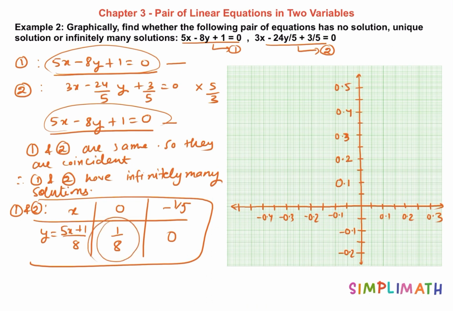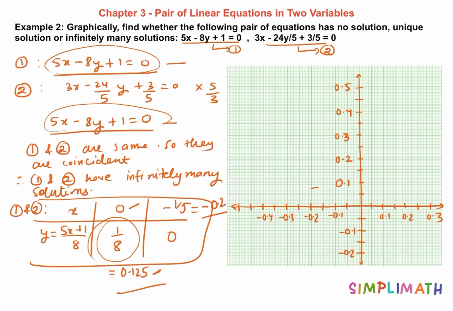Alright, from here we can say 1 by 8 equals 0.125, and minus 1 by 5 is equal to minus 0.2. Now on the graph, if you notice, I have taken two of these squares value to be 0.1. Alright, so when x equal to 0, y equal to 0.125.